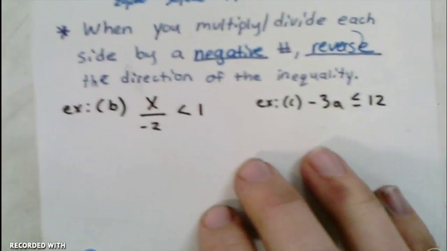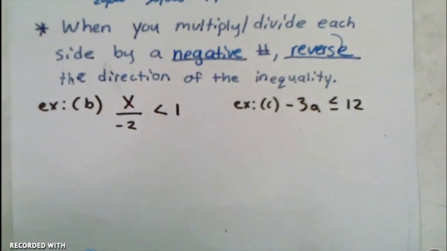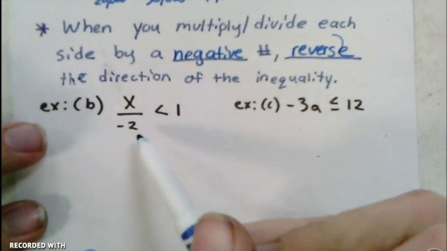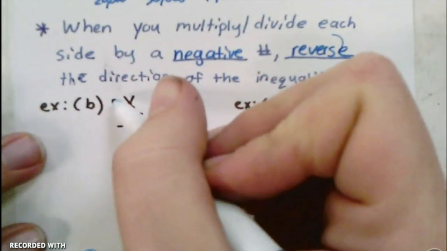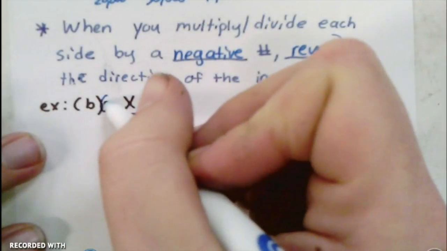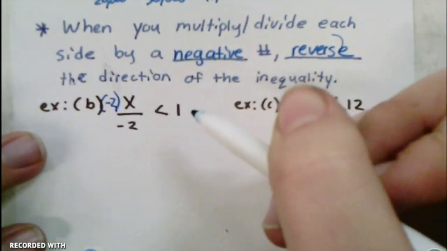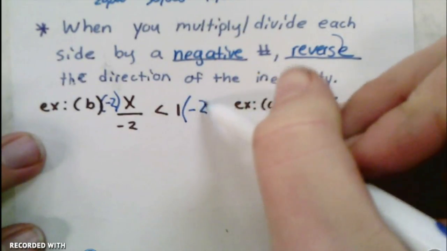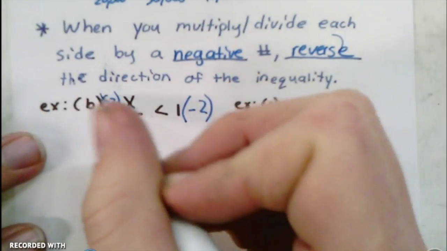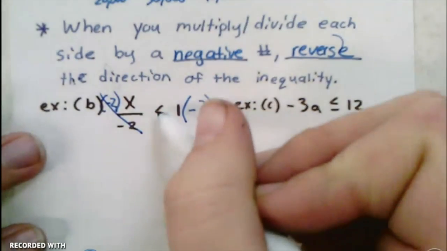Okay, let's go back to our example problems. So, here we have x divided by -2 is less than 1. To get rid of this division, I need to multiply by a -2. I need a bell to ring. Ding! Whenever I am multiplying both sides by a negative, I'm going to flip my sign.